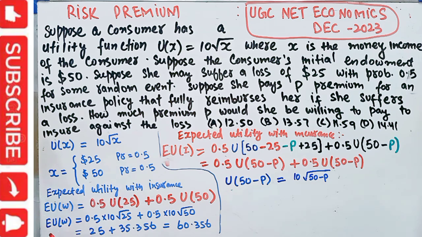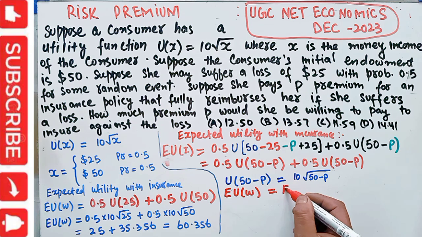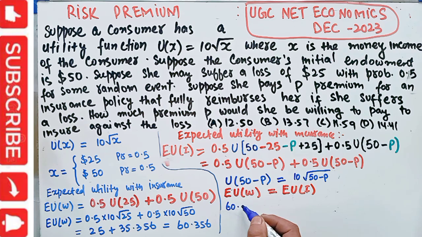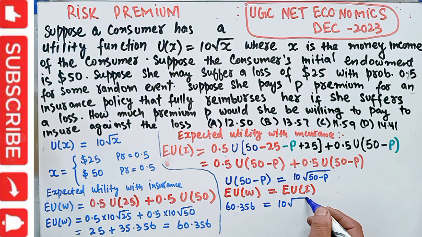The expected utility without insurance should be equal to the expected utility with insurance. We have calculated the expected utility without insurance, and it came out to be 60.356, and it should be equal to this utility with insurance, which is 10 under root 50 minus P.